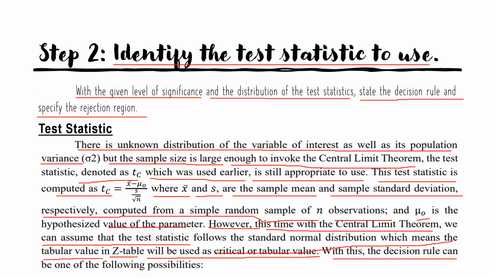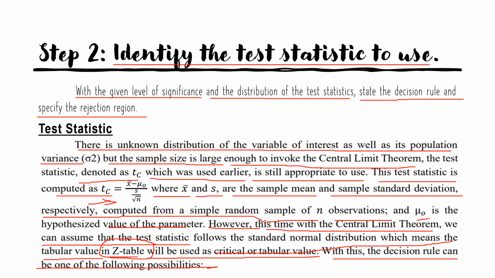With this, the decision rule can be one of the following possibilities. In this case, we simply use the formula for computed T, but our critical value will be based on the Z table, because it is a large sample.